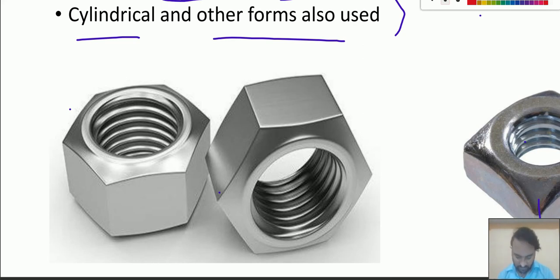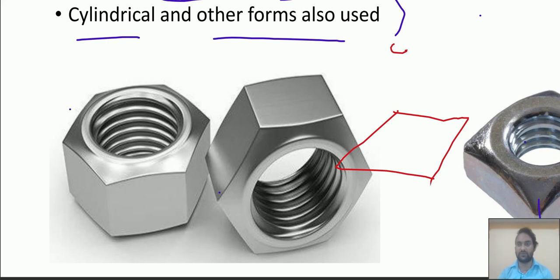So I was discussing the prism. Now I will tell you something about the pyramid. So a pyramid has one base and one apex. So you take one apex here.